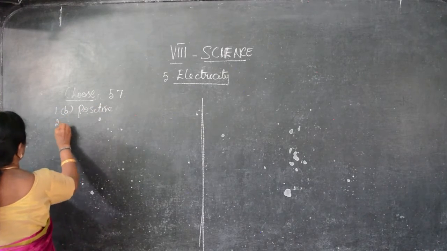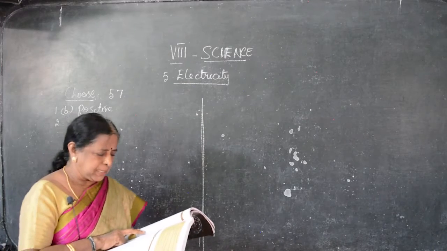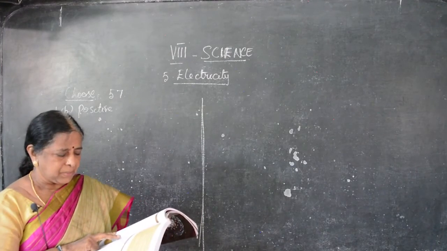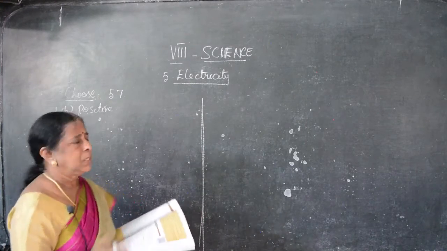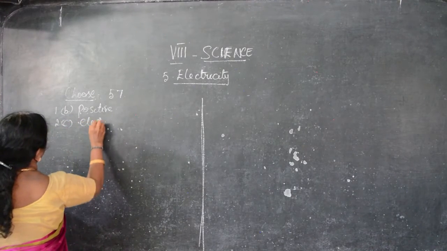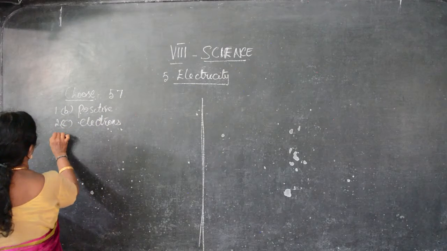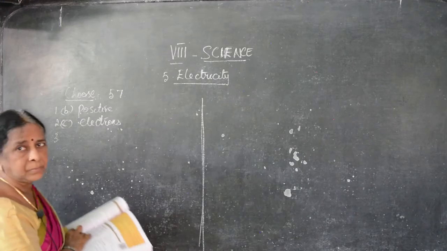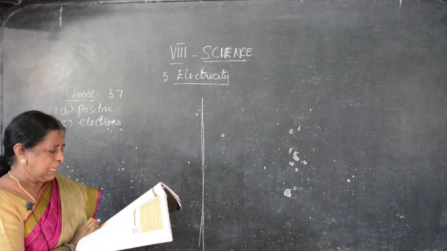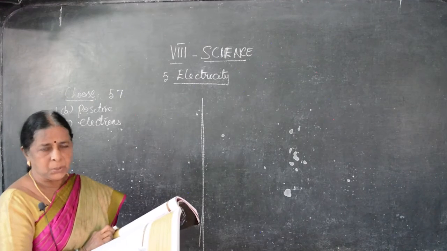Okay. Second one is, the electrification of 2 different bodies on rubbing is because of the transfer of, electrons. That is option C, electrons. Third one, which of the following a simple circuit must have? 4 options as usual.